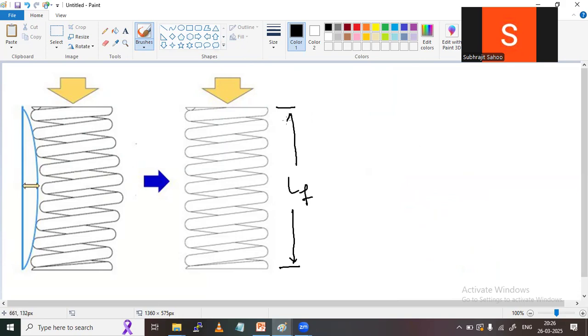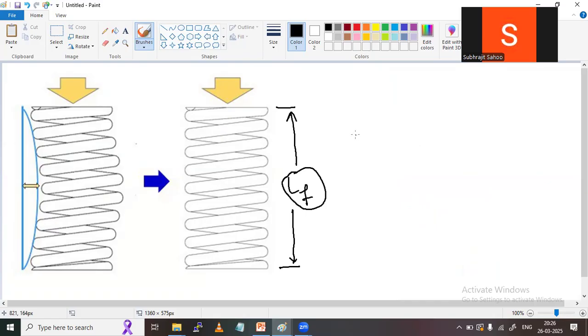Whenever the company is manufacturing the spring, he should take care what my free length should be. If the company keeps a very large free length, then there is a problem. If the company keeps a very short free length, then also there is a problem. Because with a very short free length, with the application of load the pitch becomes 0 and coil to coil contact happens.